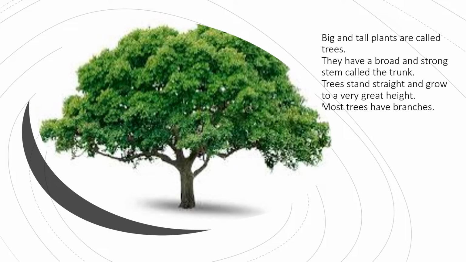I hope you know what are branches, children. Let me show them to you. Can you see this portion moving out of the trunk? These are the branches of a tree. See here, they go right up and on them are the leaves. See this one here? These are the branches of the tree. Alright, now let us read once again and learn the new words.